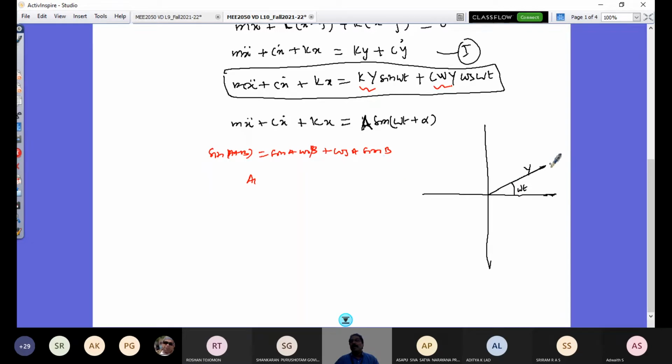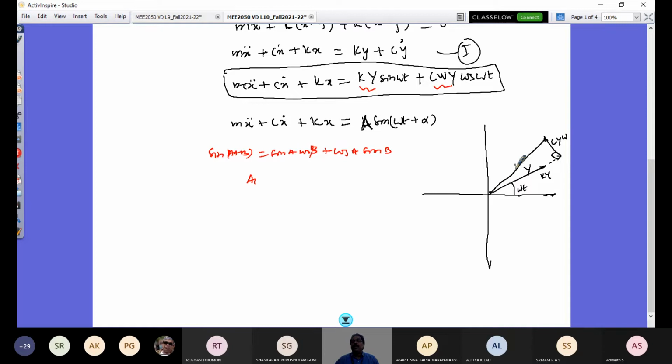So I would have a spring force, that would be from the origin to this point, that is kY. And I would have correspondingly the force impressed by the damper, that is going to be c into Y into omega. And I would just join this.